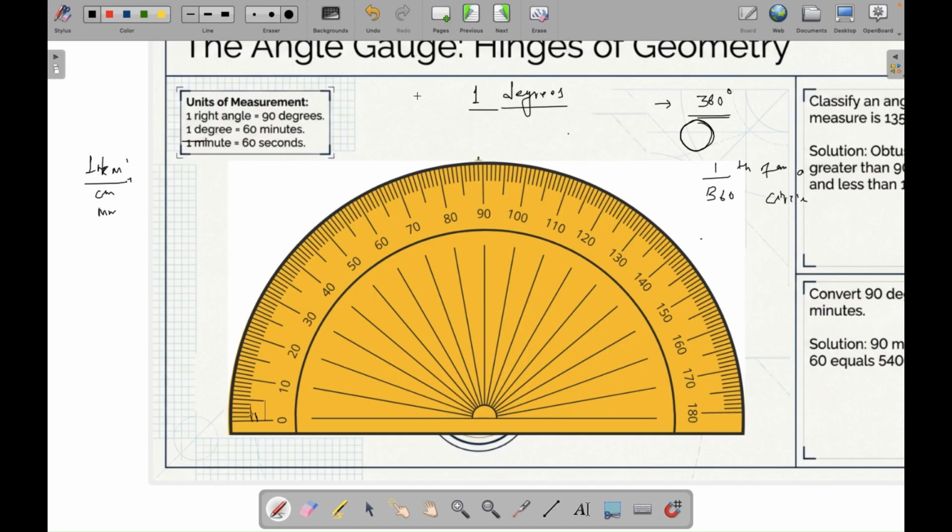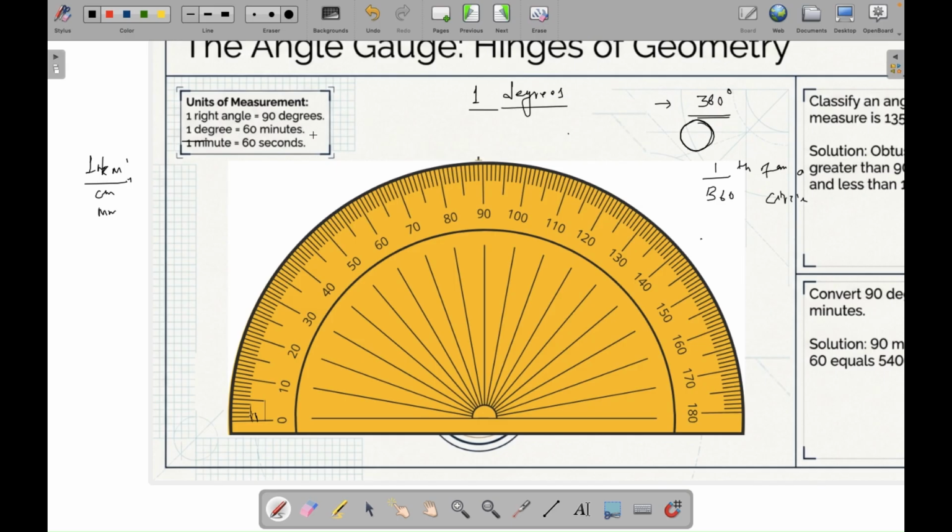Similarly, if we are interested in measuring even smaller degrees or small rotations, which is usually helpful when we are working in astronomy, because in astronomy even a small change in rotation or revolution can change a lot of things. In such cases, we have even smaller units, which are known as minutes and seconds.